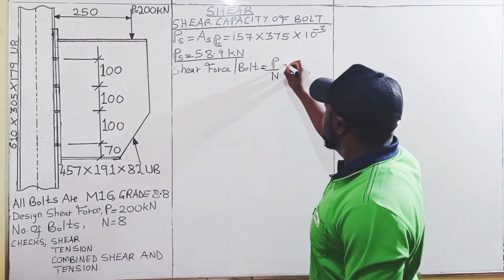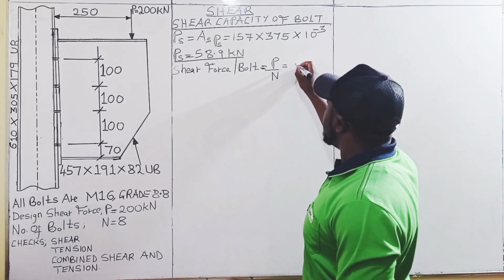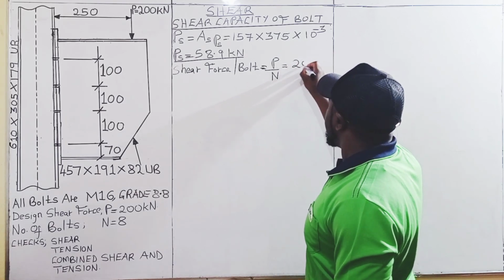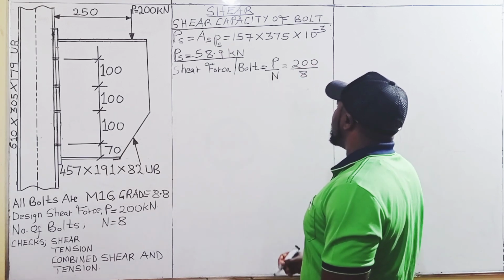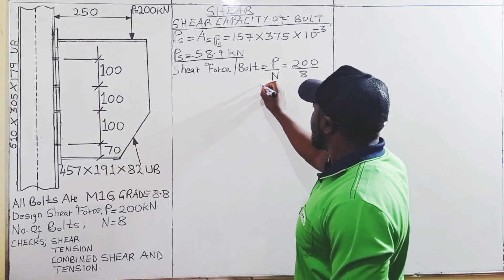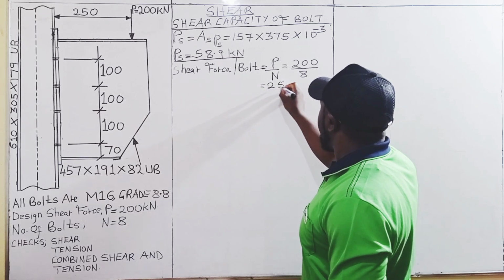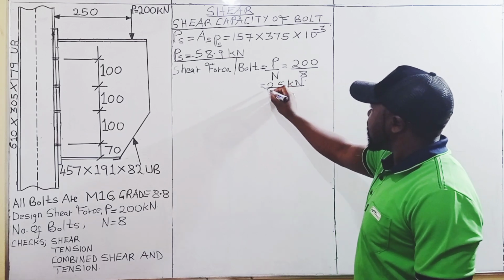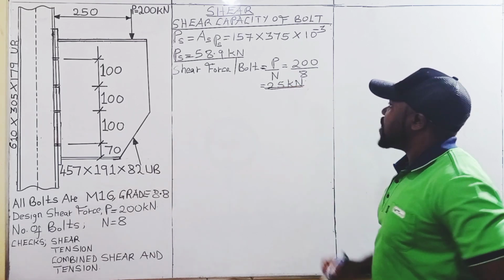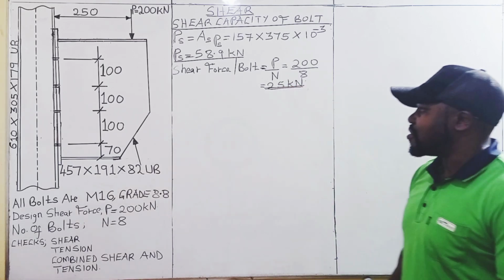Therefore, the shear force per bolt is equal to the design shear force of 200 divided by 8 bolts, and this gives us 25 kilonewtons. Therefore, each bolt is being subjected to a shear force of 25 kilonewtons.